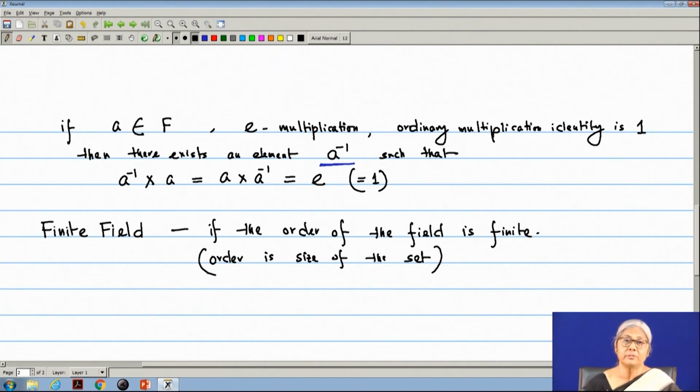As I already mentioned, infinite fields are of very little use. The real life applications like cryptography and coding theory use finite fields. So, mainly in our lectures we will be concentrating on finite fields and their properties.